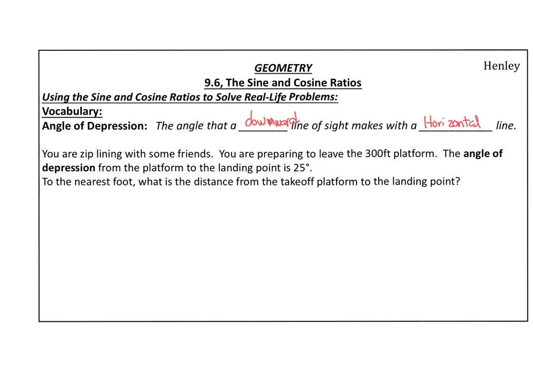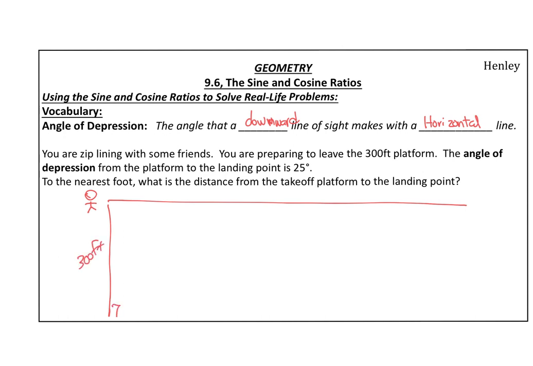So if my little person is standing here, and here's his horizontal line of sight, and we're zip lining with some friends, we're preparing to leave a 300-foot platform. So up here, this is 300 foot.